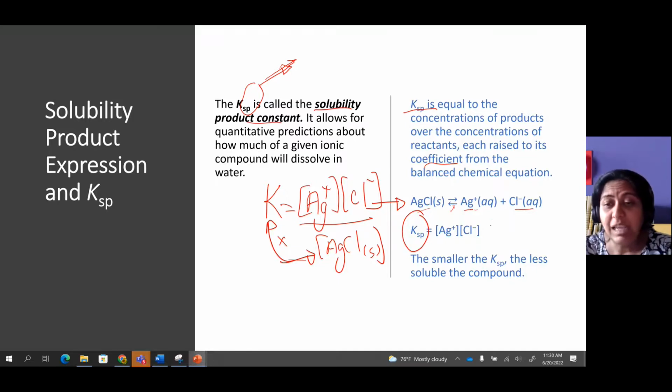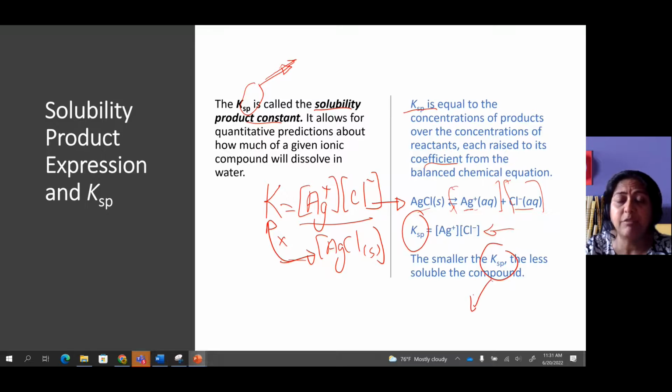It only equals the multiplication of the concentrations of the products raised to the coefficients from the balanced chemical equation. So in Ksp, we only include the concentrations of the products. Since the physical state of the reactant is a solid, we don't include it in the Ksp equation.